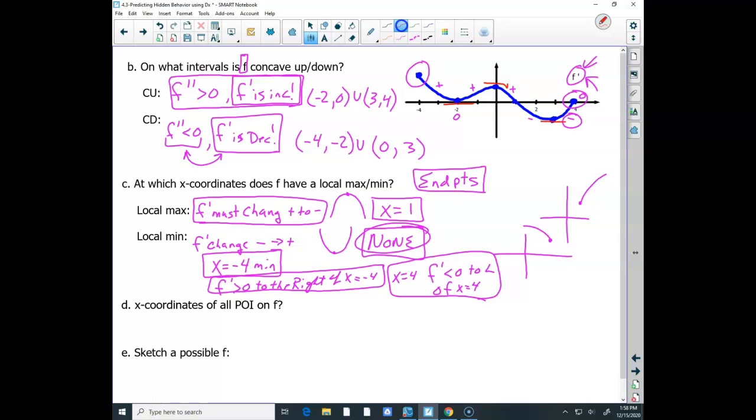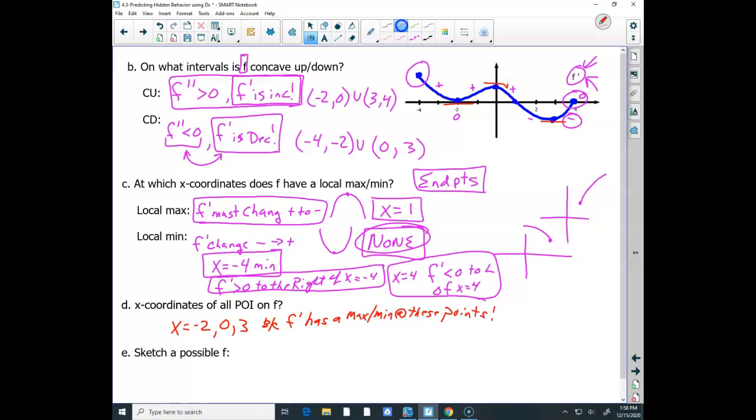So the x coordinates at which f has a point of inflection are going to be x equals -2, x equals 0, and x equals 3. My justification: because f prime has a max or a min at these points.